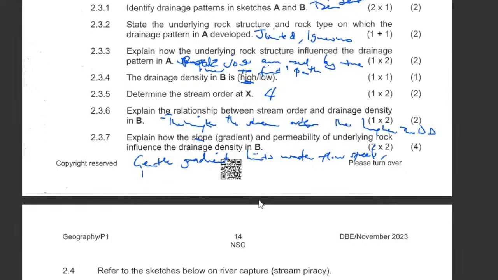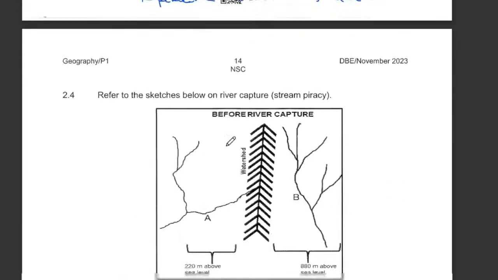And then impermeable rocks also allow more water, allowing more drainage density to exist on the surface of the earth.